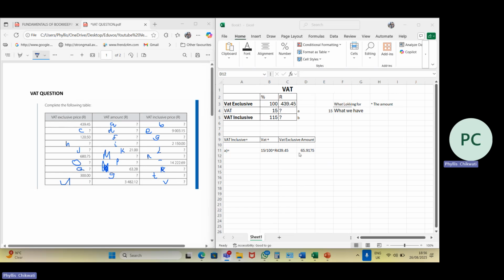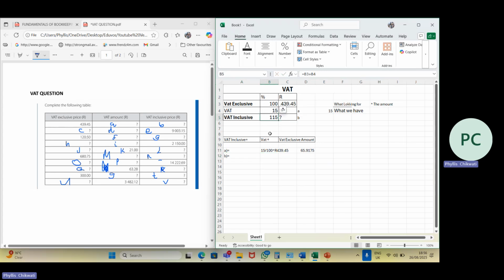All right, so this is how we calculate our VAT portion. So part A is done. Now getting to part B is easy. You can do exactly the same. I use the small letter B throughout. Part B is equal to what we don't have.